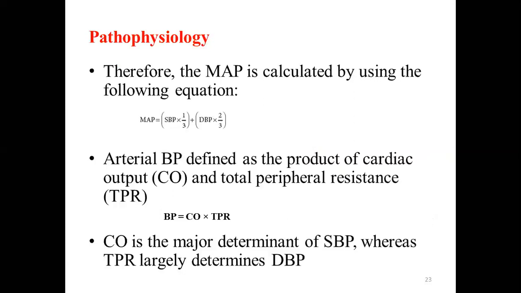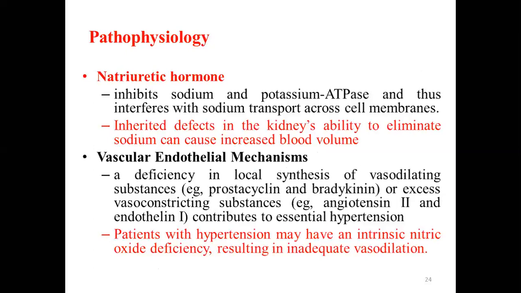Then I mentioned that arterial blood pressure is a product of cardiac output and total peripheral resistance. In the pathogenesis, remember the role of natriuretic hormone. These natriuretic hormones are endogenous hormones that have the potential to inhibit sodium potassium ATPase and interfere with the transport of sodium, which is very important for eliminating sodium from the body.